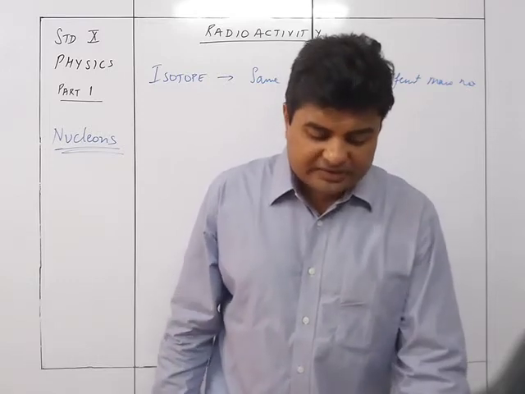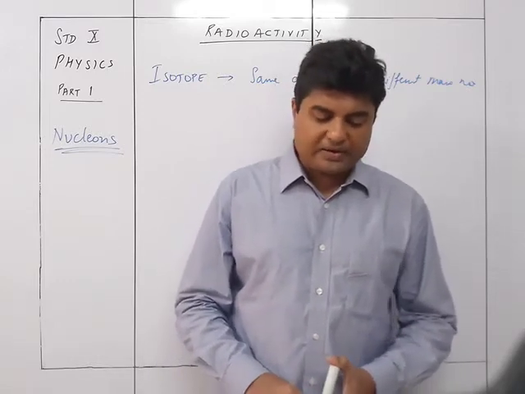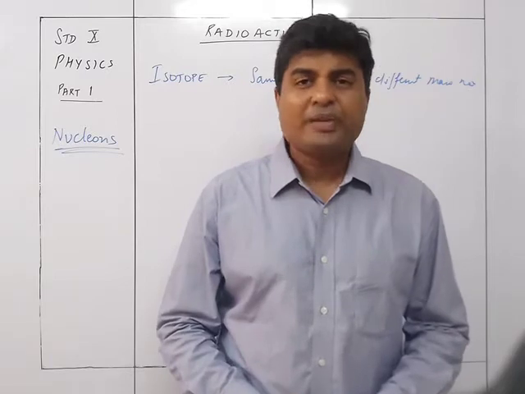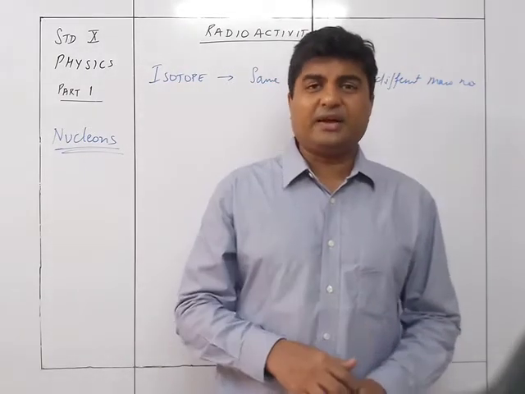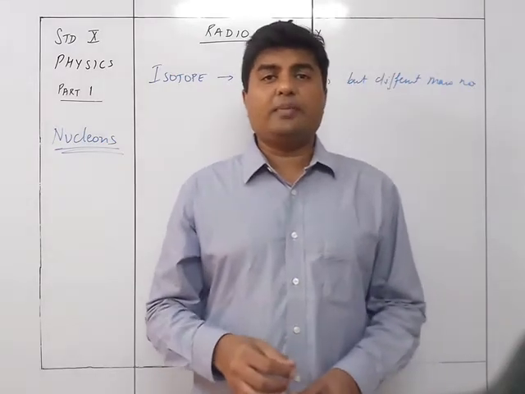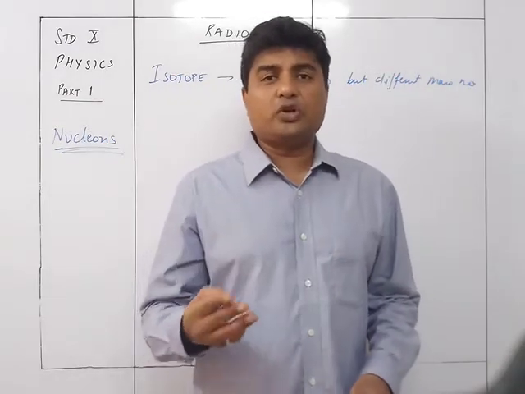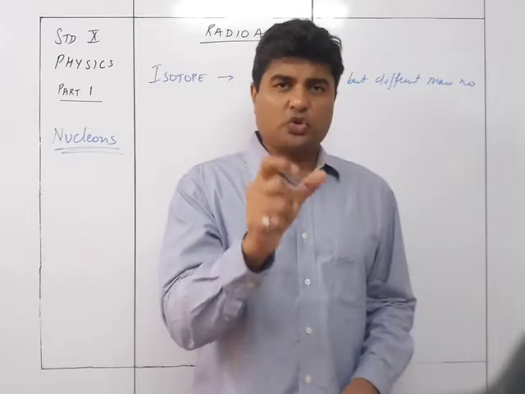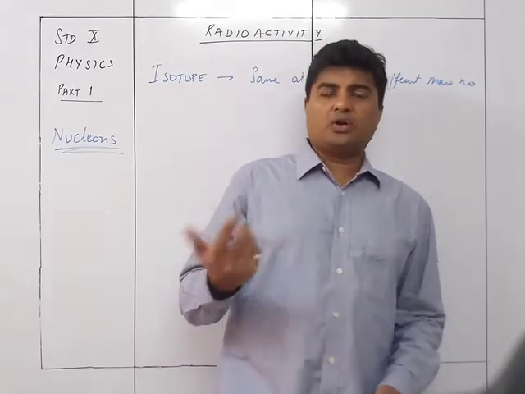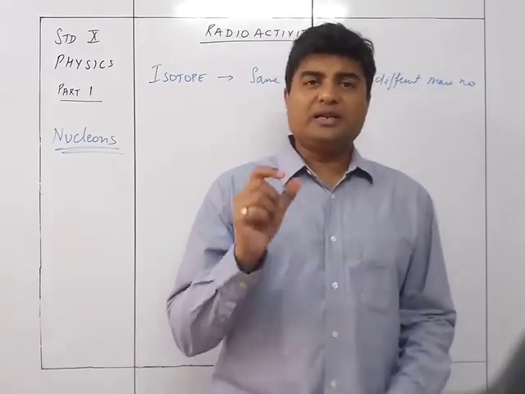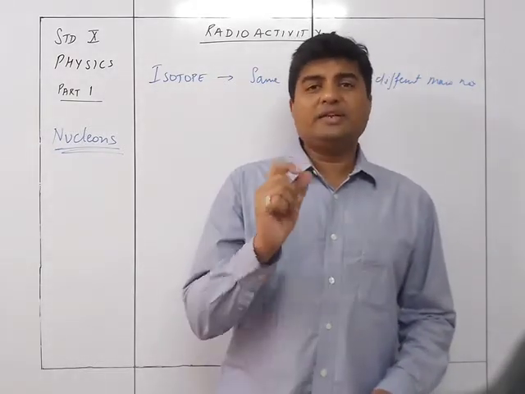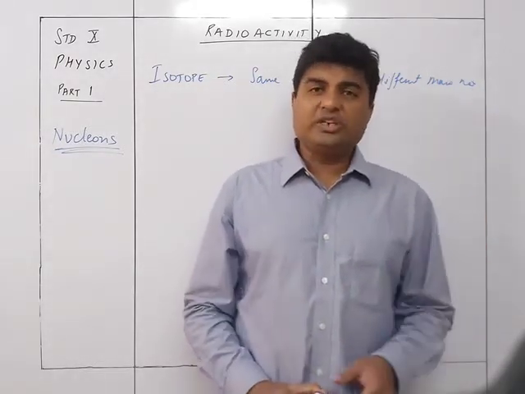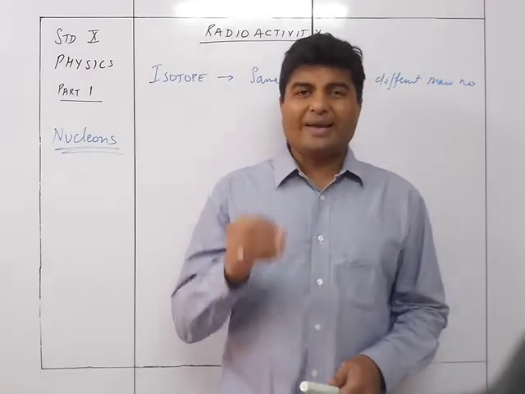Obviously, isotopes have the same place in the periodic table, as it depends on the atomic number Z. In the periodic table, hydrogen has 3 isotopes, but all of them come in the first group only. Carbon has two isotopes, but still it will be placed at its own place in group number 4. So the position of all the isotopes of one element is going to be the same.